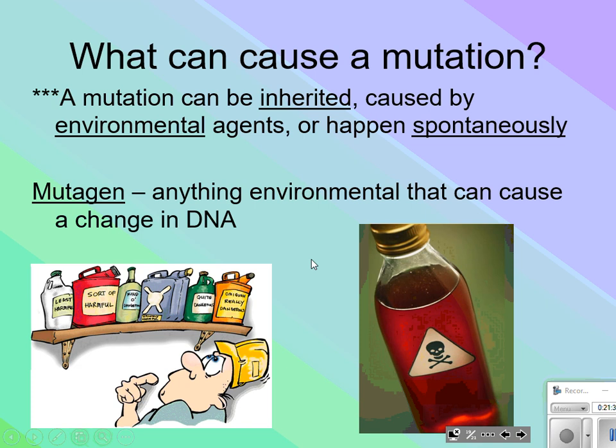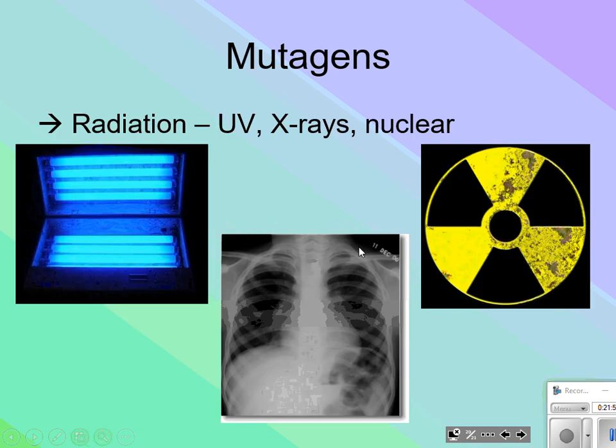A mutagen is anything environmental that can cause a change in the DNA. So, if something is a mutagen, it causes a change in the DNA. What are some mutagens? Radiation, ultraviolet rays from the sunlight, X-rays, okay, nuclear energy.